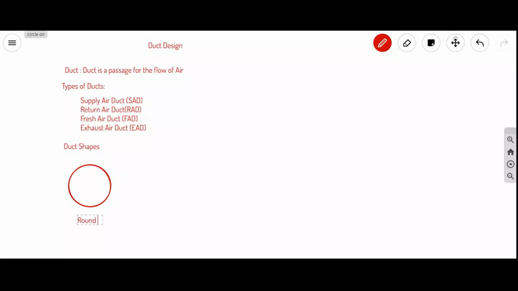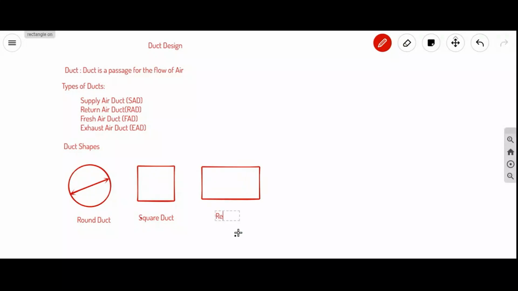Round duct. In the round duct, we find the diameter. Square duct, rectangular duct.